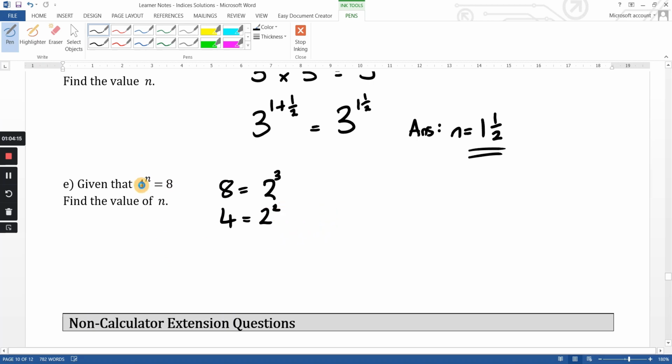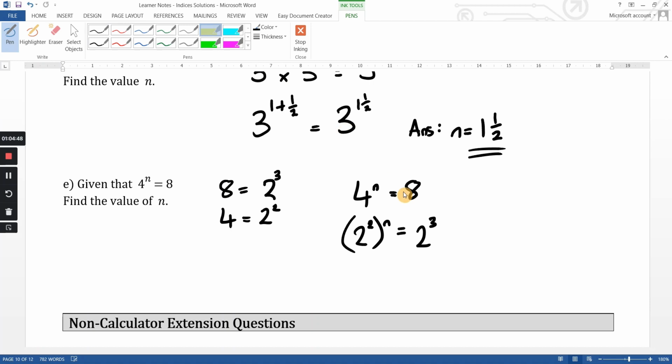So we can rewrite this as, 4 to the n equals 8. So we can say that 4 is 2 squared, so let's replace the 4. Still got n on the outside. 8 is 2 cubed. Right, so if this is the same as this, then this must be the same as this.